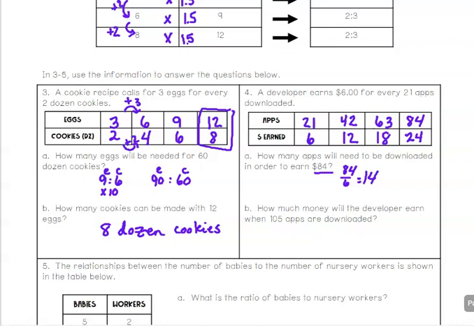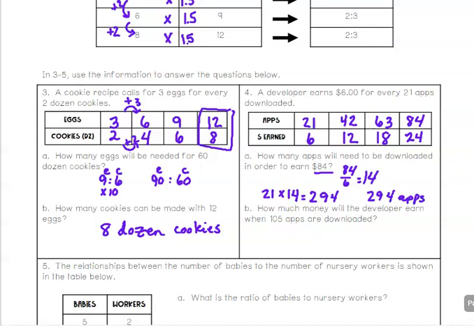So it's saying I'd have to do this 14 times in order to get to 84 here at the end. So if I take the number of apps times that 14, I'm going to get 294. So I would have to make 294 apps downloaded in order for me to make those $84.